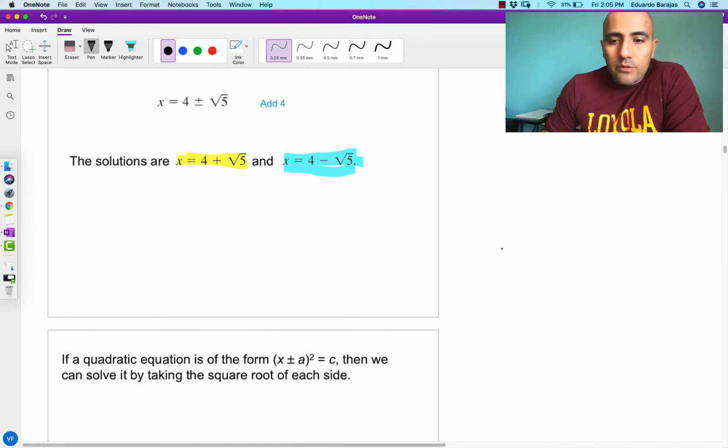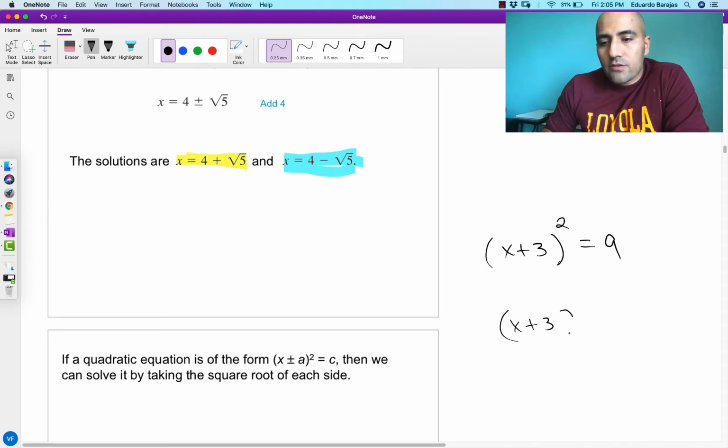Another quick example would be x plus 3 raised to the power of 2 equals 9, for example. Again, we can eliminate this 2 here by taking the square root of both sides. x plus 3 squared equals 9. I'm going to take the square root of the left-hand side, that'll eliminate with that.